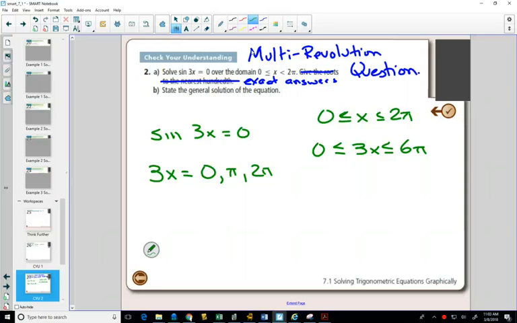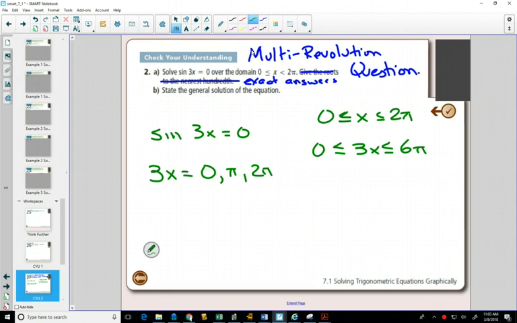However, 3x is from 0 to 6 pi, which means you're going 3 full times around the circle. Hence the name multi-revolution, because the 3x means you're going around the circle 3 times. So the first time around the circle I get 0, I get pi, I get 2 pi.